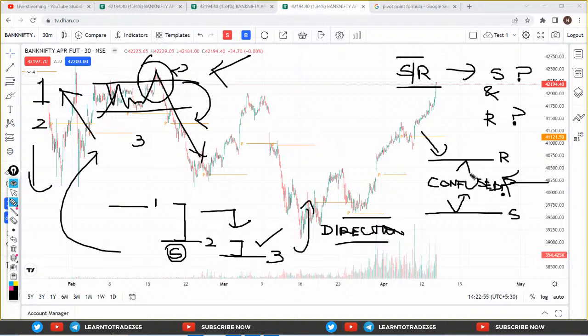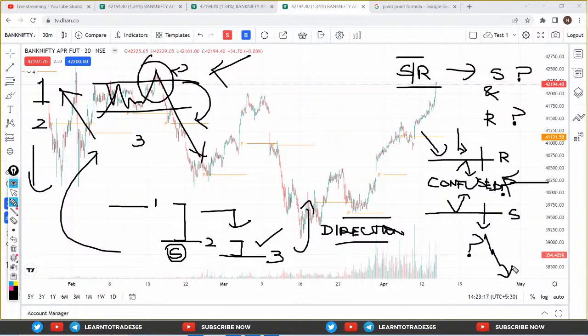And one more problem, if the resistance is crossing, whether this can be a successful breakout. If the support is crossing and price is coming down, whether this can be a successful breakout on the downside, whether price can move down. Most of the time we are confused. That is the main problem.